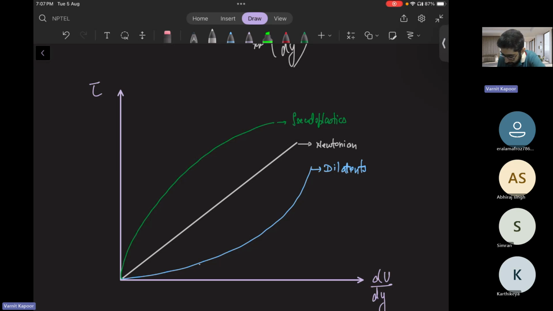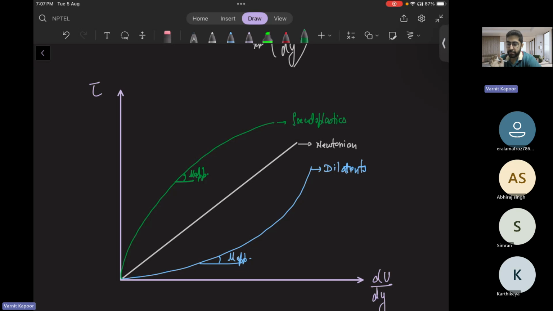I should use blue color. So here it will be mu apparent, and here also mu apparent. If you observe, for dilatants, your viscosity mu apparent is increasing with increase in the velocity gradient.